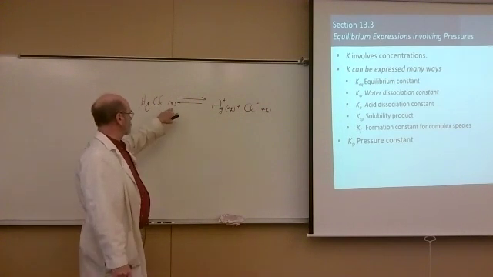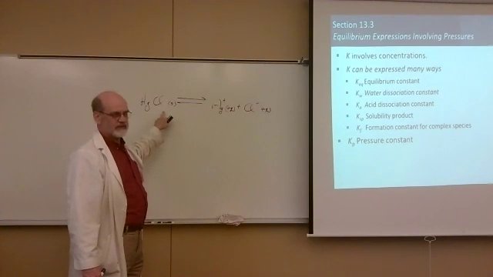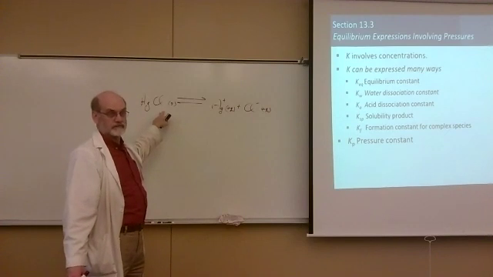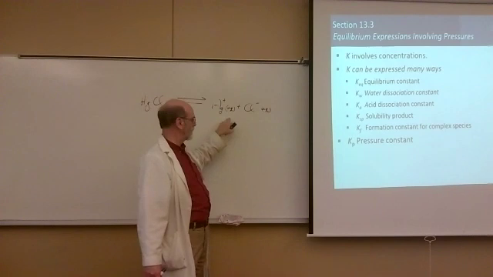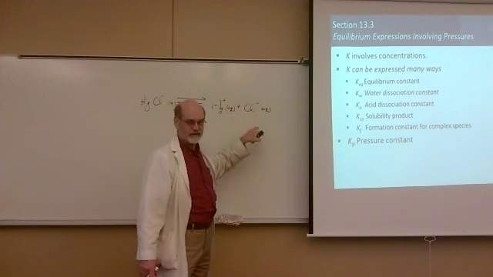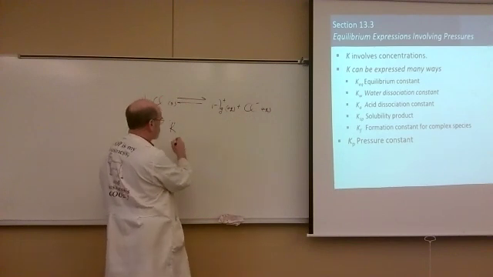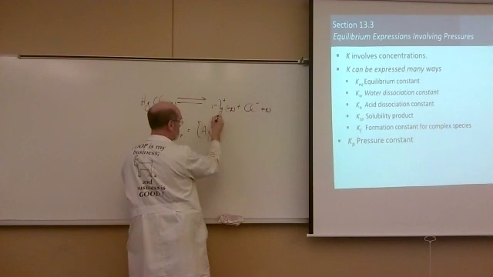The only thing is, when you have a solid, the solid drops out of your expression. It's not even included because its concentration never changes until it's all gone. So it just drops out. That's why it's called solubility product, because it's just this times that. Right? So the Ksp is just this for this special case.